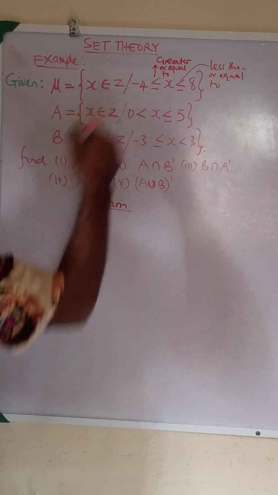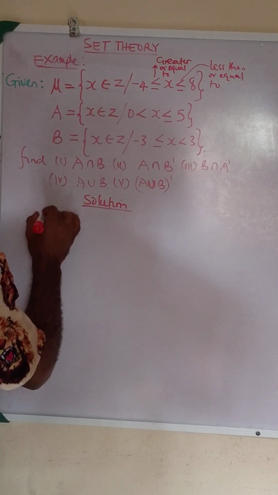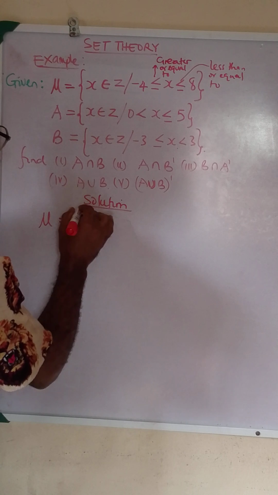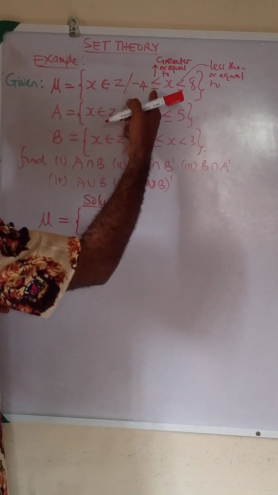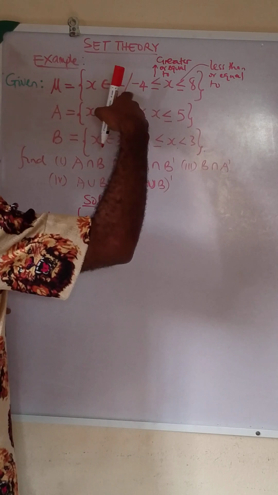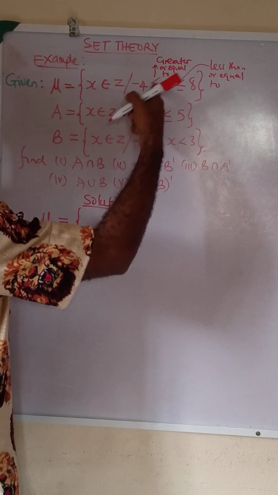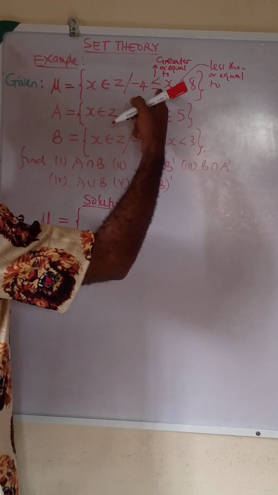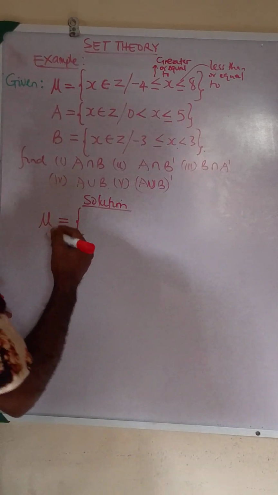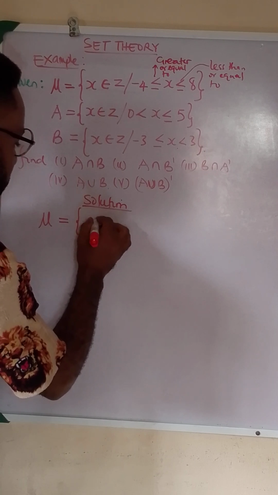So let's get the members of a universal set from this. The universal set will be equal to, since we are told that X is greater than or equal to -4, we are going to take from -4. So we have -4.